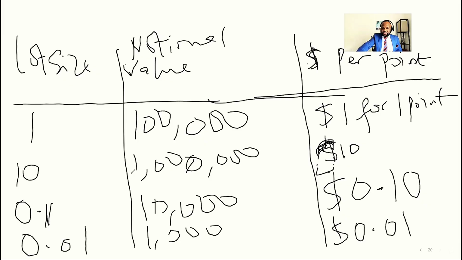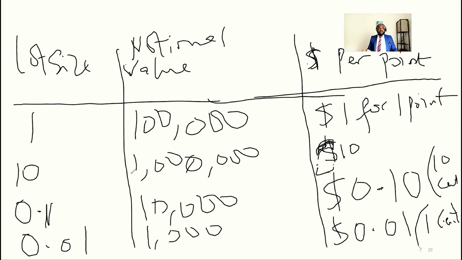That means 1 cent. This one is 10 cents. So note, if you use one lot, you are going to make $1 for 1 point that you make. If it's a loss, you are going to lose $1 for 1 point that you lost.